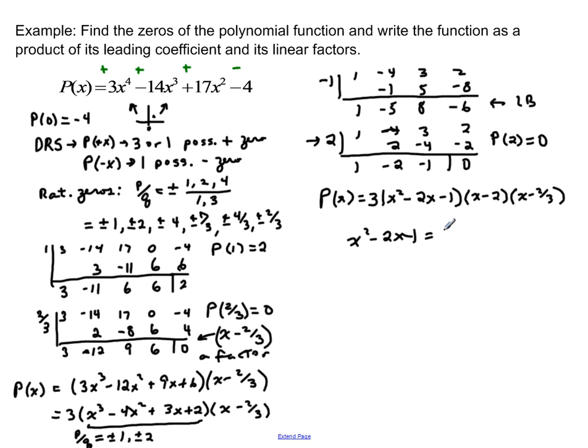So I'm going to set that equal to 0, and let's see what we can do. I guess what we're going to have to do is complete the square. So let's try that. x squared minus 2x will equal positive 1. To complete the square, of course, I'm going to add 1 to both sides.